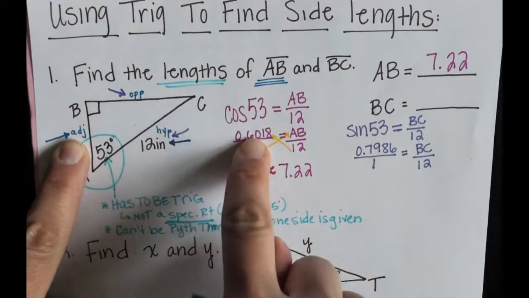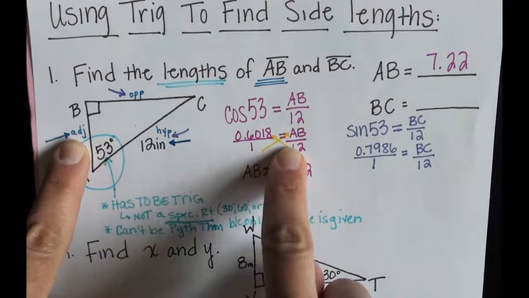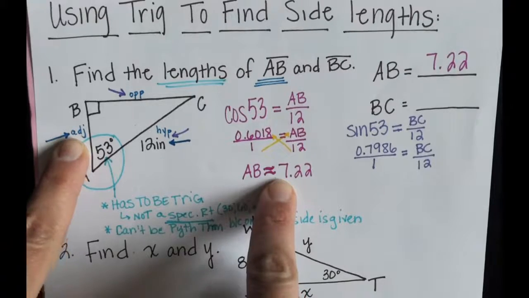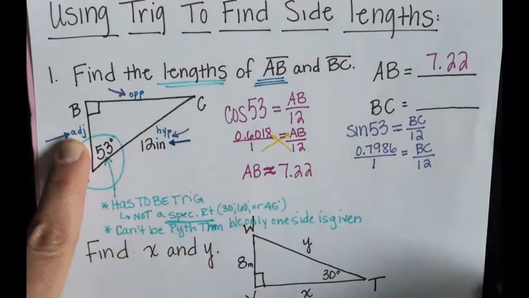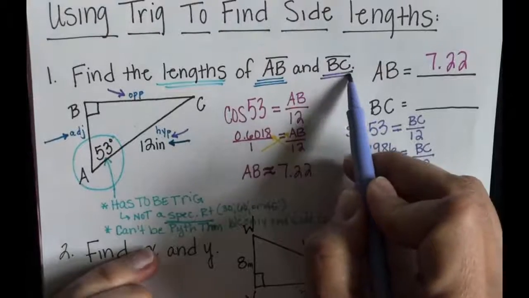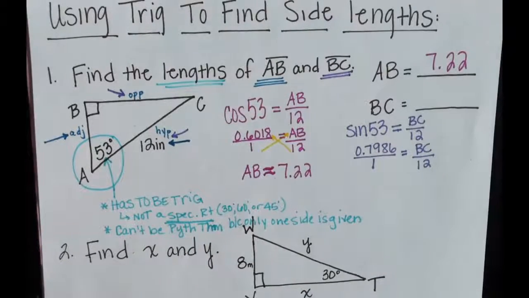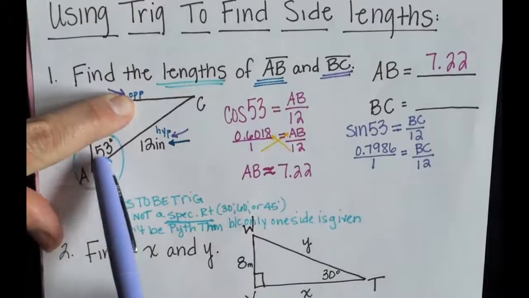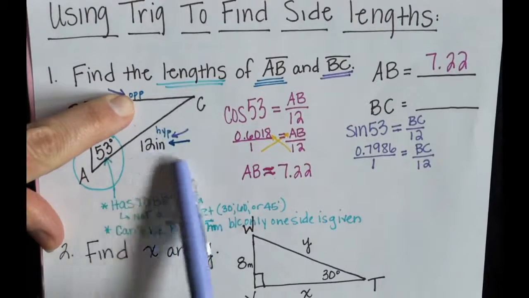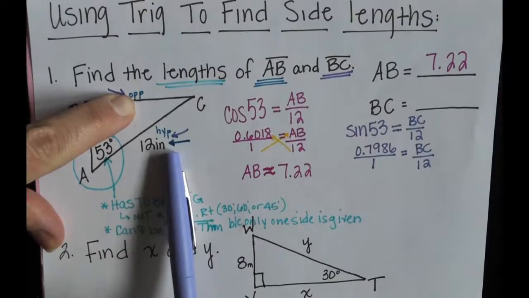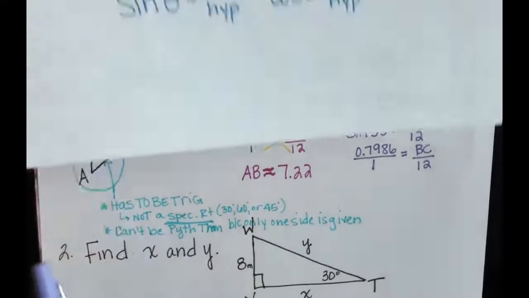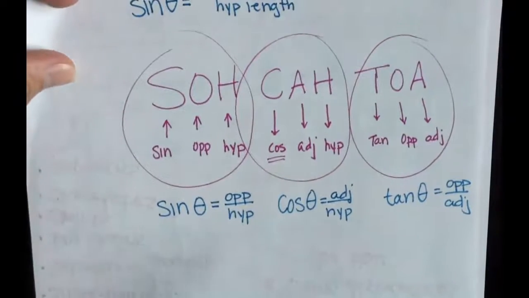This is found in my calculator. I recopy, and then because it's a proportion, we can cross multiply and solve. When we changed sides, so when we chose to then find BC, BC was on the opposite side of our reference angle. The hypotenuse is still the only actual value that's given. So because I have opposite and hypotenuse and an angle, I look to see which I can plug into so I only have one unknown.